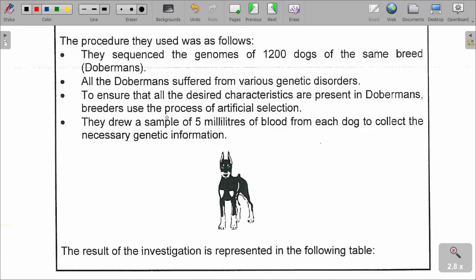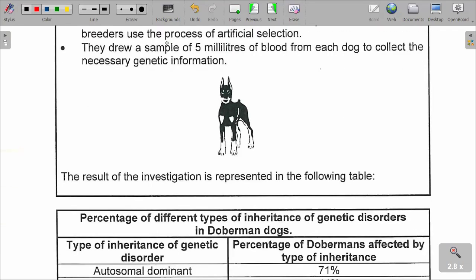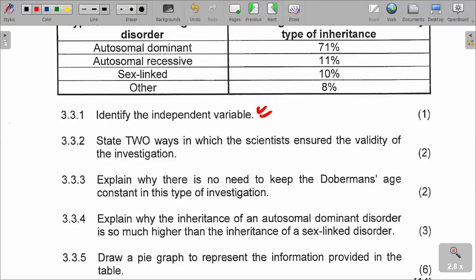It is the type of inheritance pattern, which can be autosomal dominant, autosomal recessive, or sex linked.